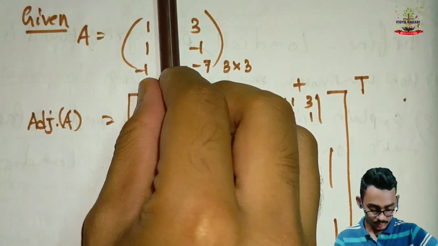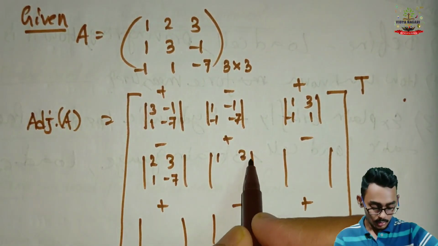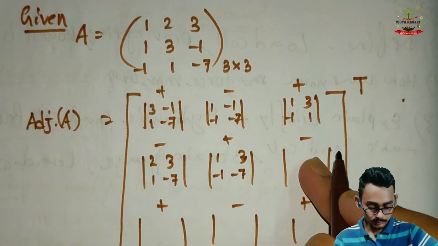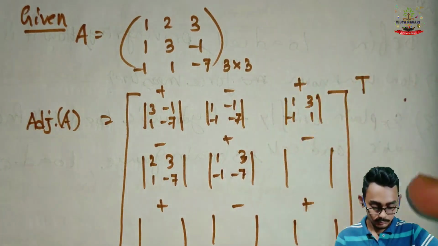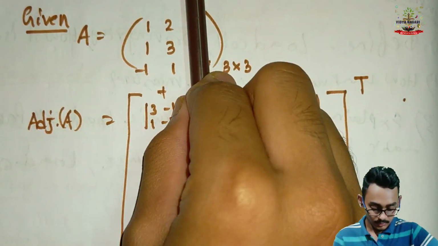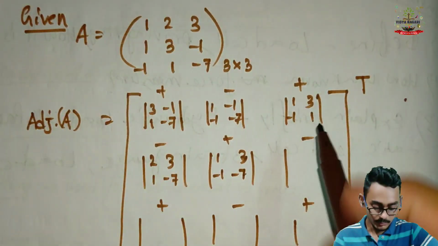For 3, it is 1, 3, minus 1, minus 7. For the second row and third column element, it becomes 1, 2, minus 1, 1.